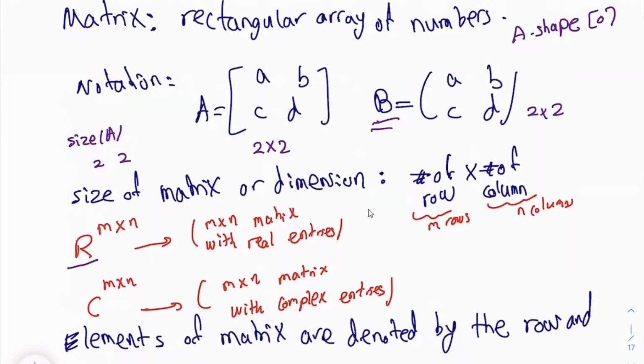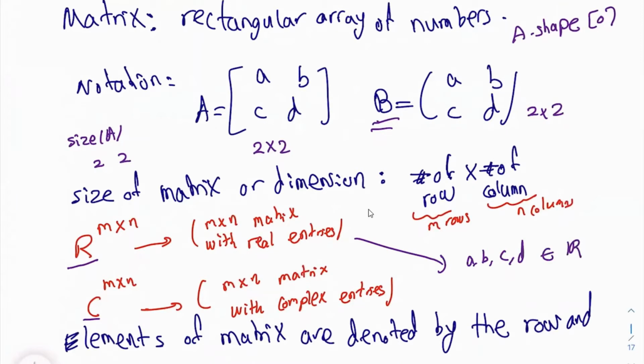What this says is that the domain is the set of all m by n matrices with real entries, as opposed to C^(m by n), which means the set of all m by n matrices with complex entries, right? So for this case, it means that a, b, c, d are all members of R.